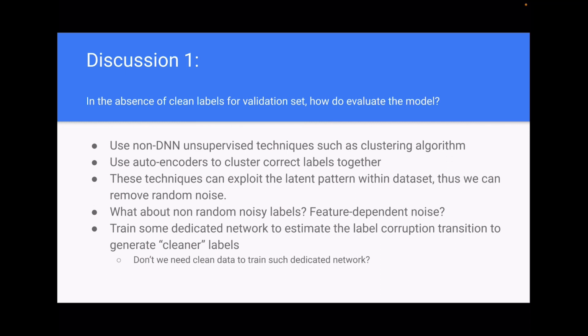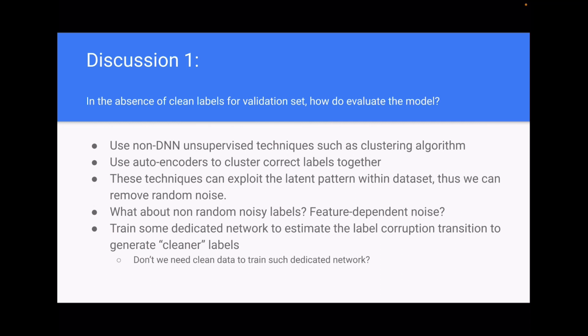So in that sense, we can generate some clean labels. Another member suggested that if we wanted to take the deep learning route, we could use autoencoders to cluster the correct labels together. The reason we thought that these techniques would work is because they would exploit the latent pattern within the dataset. Thus, any random noises embedded in the dataset would be removed.